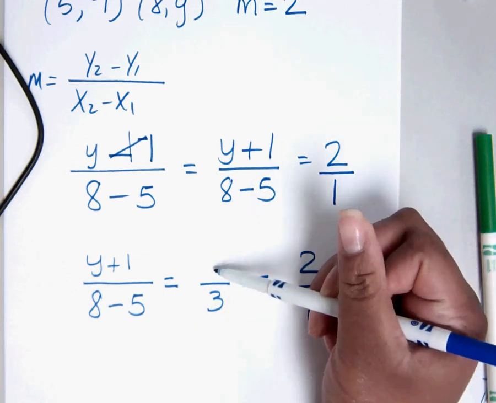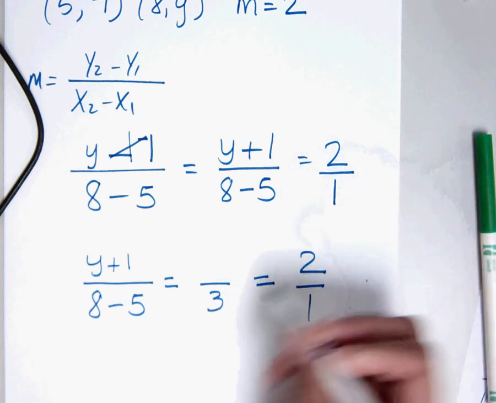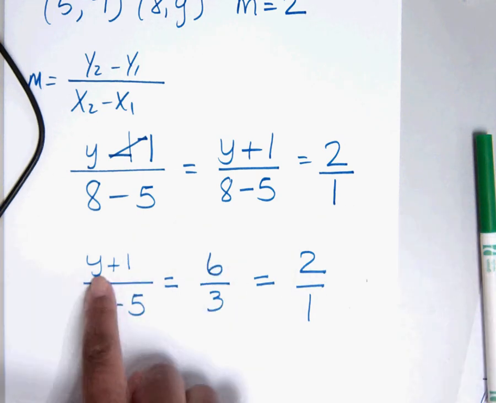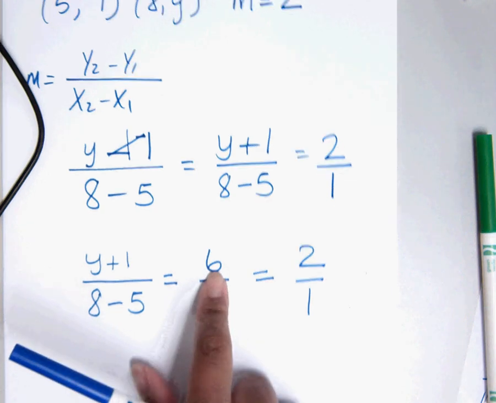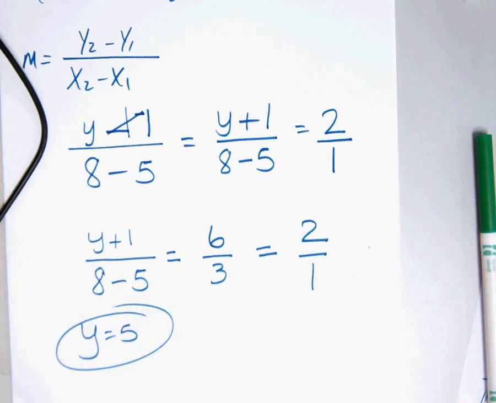What does this have to be so that when I divide it, I get 2? It has to be 6. Okay, that makes more sense. So what plus this would give me 6? It would be 5. So Y is 5.